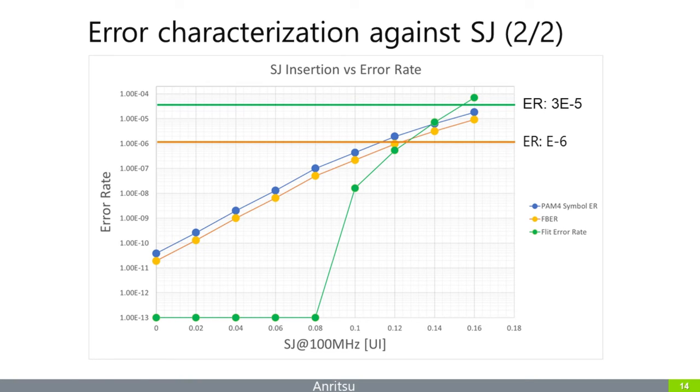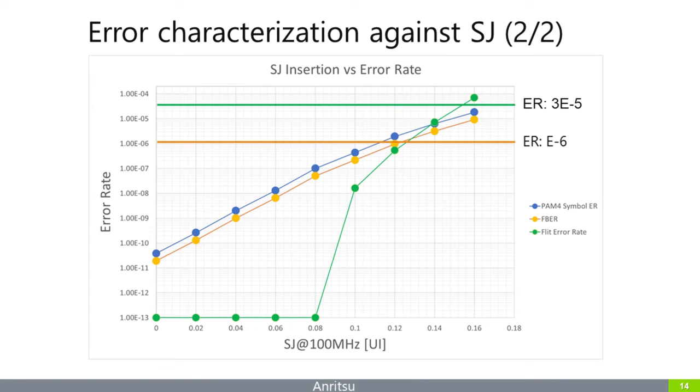So it starts at almost E minus 10 BER when the SJ is 0. Inject the SJ, increase the SJ by 20 milliUI, and up to 80 milliUI or 0.08 UI SJ, no flit error is detected. The BER, FBER and raw BER are increasing linearly like this, but up to 80 milliUI SJ injection, all errors can be corrected.